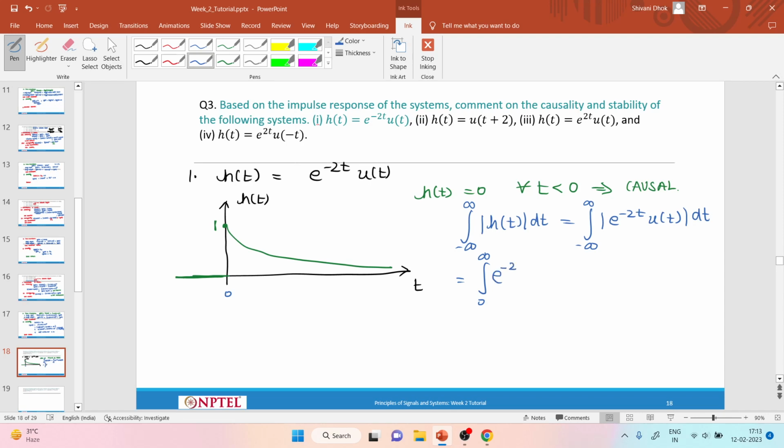So this is the integral of e power minus 2t dt, which is equal to e power minus 2t from 0 to infinity, and this is equal to 1 by 2, which is less than infinity. And since it is absolutely integrable, this is stable. Any questions at this point?